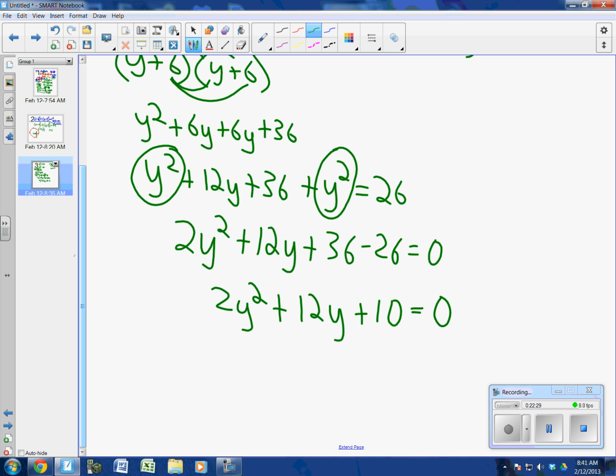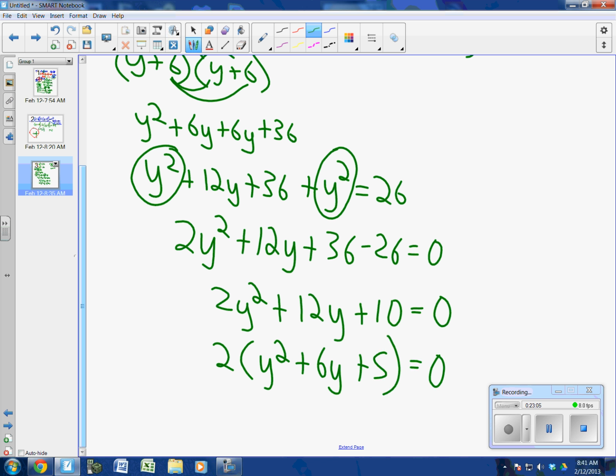This one is a beautiful problem right here. We can solve this one. What's the best method to solve this one? Factoring. Well, Carissa. You guys look, if I factor out a 2, that's what I get right there.